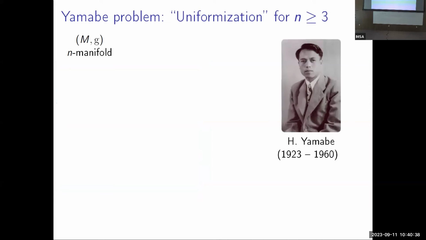So this famous Japanese mathematician who died very early, Yamabe, formulated a generalized result about constant curvature with the following setup.